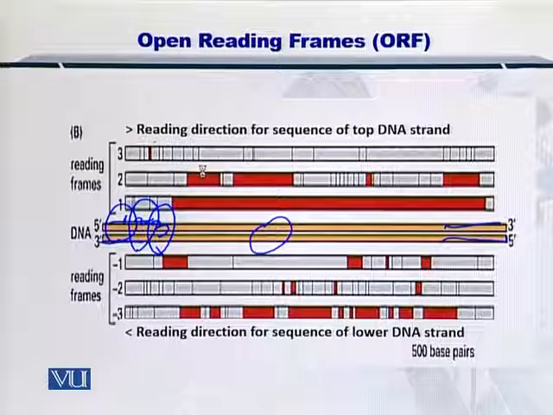If you start from the first nucleotide and form a codon comprising 1, 2, and 3, then you have the first codon. But if you choose to form the codon by looking at the second nucleotide, then you will need the second, third, and fourth nucleotide, which will form the first codon.